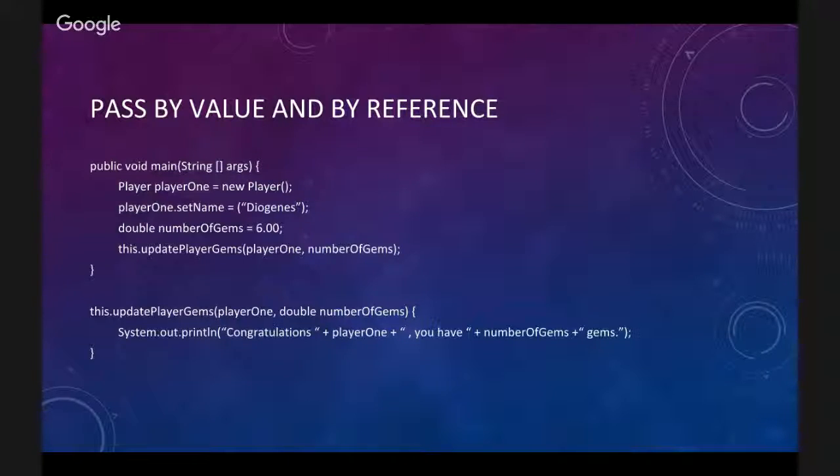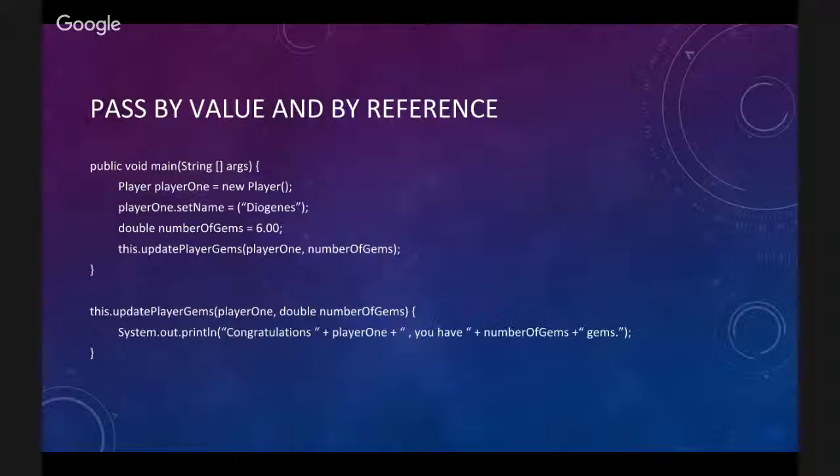For example, there are others, but an example that we can illustrate here is on the line that says number of gems equals 6. The 6 is a double, and that value will be passed, and we can see that it gets passed in that last line there. That value gets passed to the print to the console.